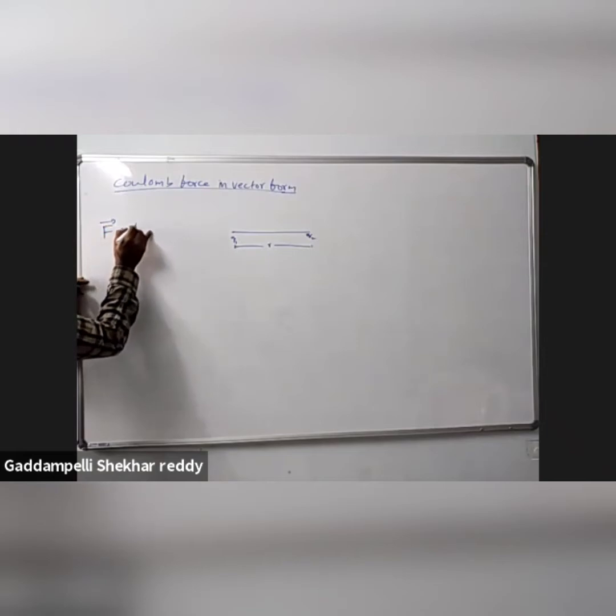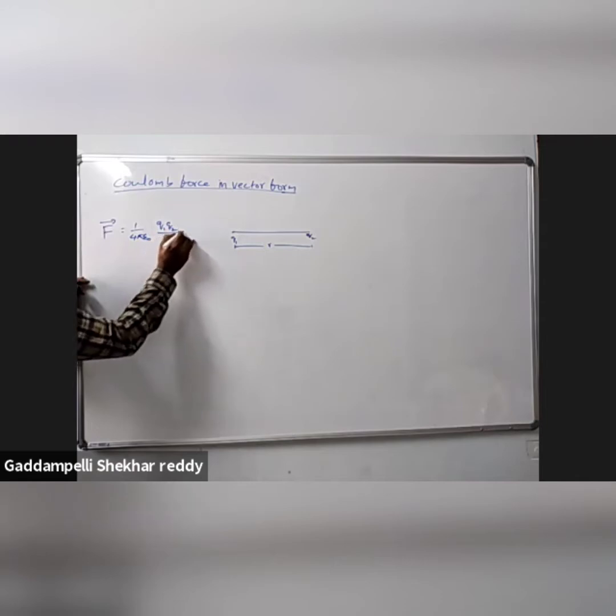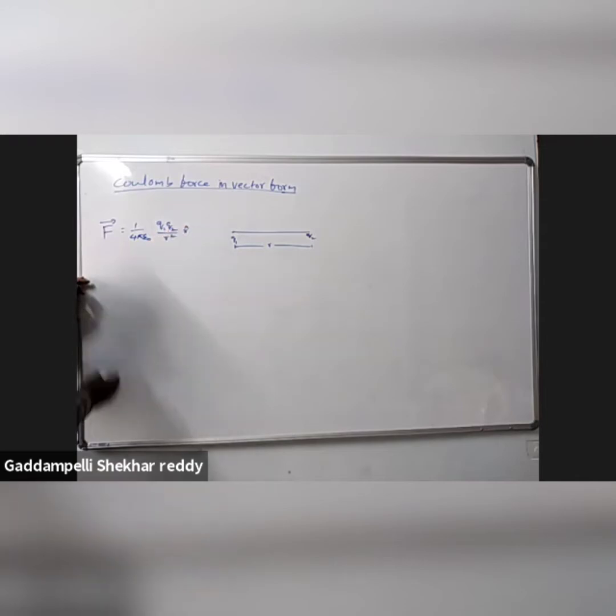F bar is equal to 1 by 4 pi epsilon naught, Q1 Q2 by R square, R cap.